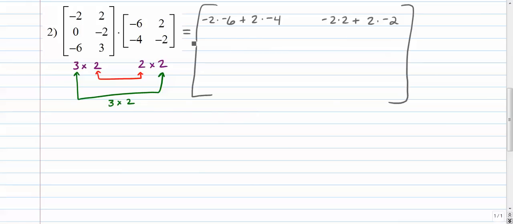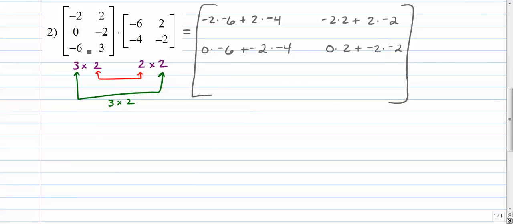Row 2, so we're going to use this with column 1. So 0 times negative 6 plus negative 2 times negative 4. Over here we're going to use row 2, so this row times this column. 0 times 2 plus negative 2 times negative 2.